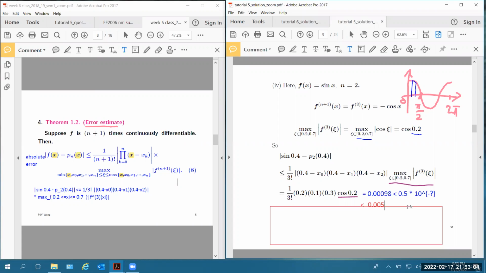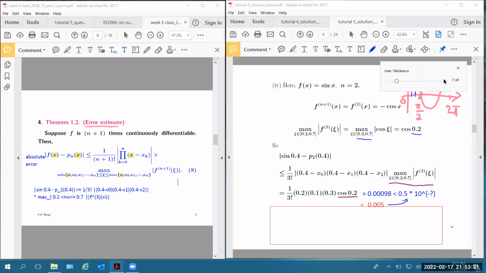And from here, you want to write in this form. Can you tell me, 0.005 is 0.5 times 10 to the power of what?